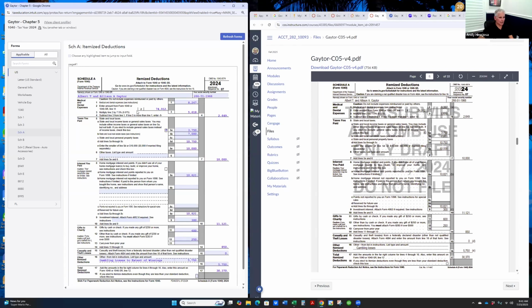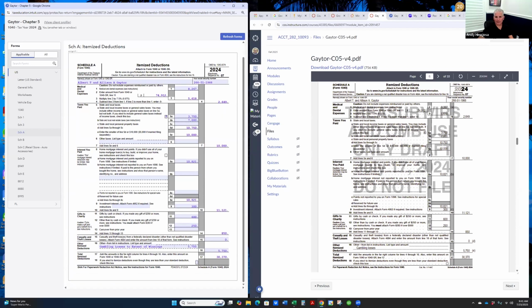Earlier, the AGI was computed to be $74,912. 7.5% of that is $5,618. So we take the total medical expenses, deduct the amount that is not deductible, and anything above that becomes deductible. So even though they had $8,267 in medical expenses, $2,649 are actually deductible.